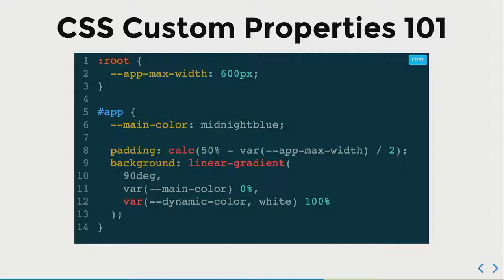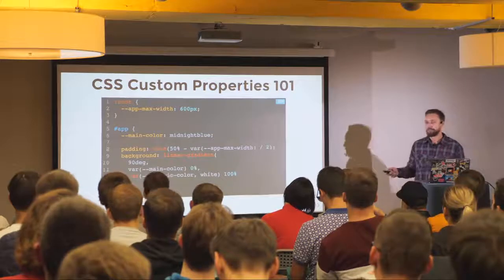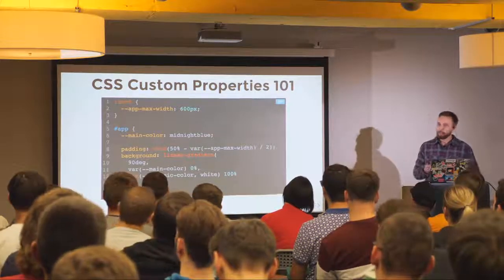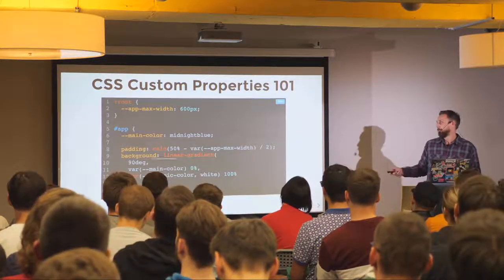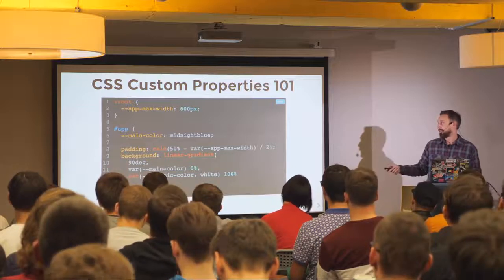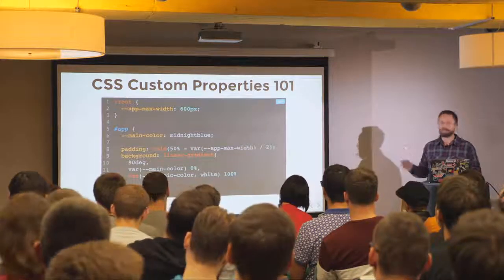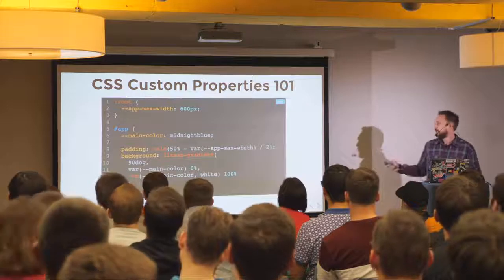this variable. The coolest thing is that you can use the var function inside any other function, like calc, which is also, if you don't use calc, you should start immediately. Also another awesome feature to build complex UIs, and maybe linear gradient or any other property, basically.